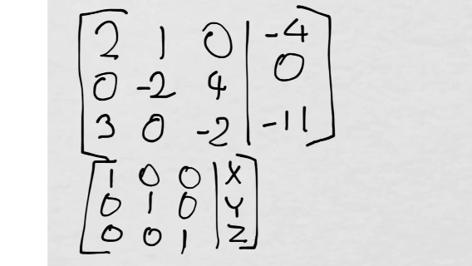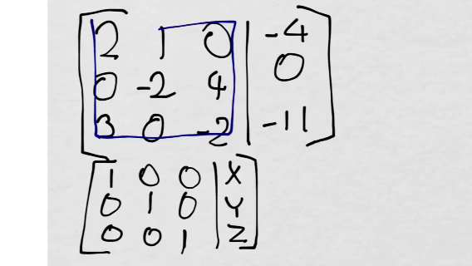The easiest way to turn it into that is to go like this, starting off with this 2 and then ending with the negative 2. So why don't we figure out how to make that 2 into a 1?